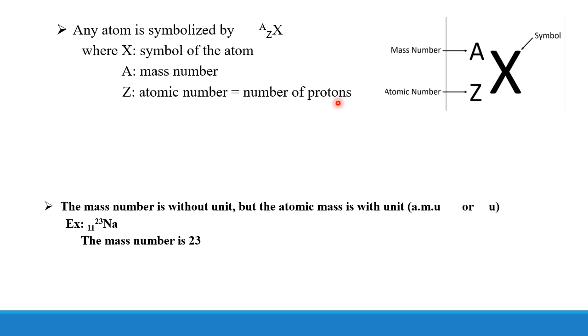And we should know the rule that A equals Z plus N. A, which is the mass number, Z, which is equal to the atomic number, equal number of protons, equal number of electrons, since atom is electrically neutral, plus N. N is the number of neutrons.